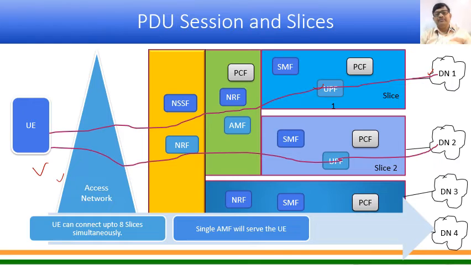This is very important: when the UE is connecting to more than one slice, there has to be the same, common AMF for the UE. A single AMF will serve the UE for both the slices.